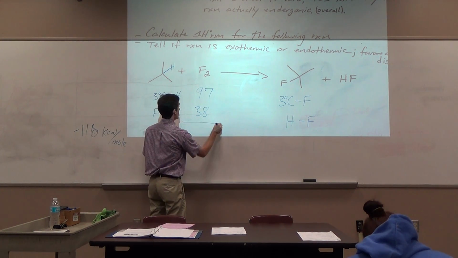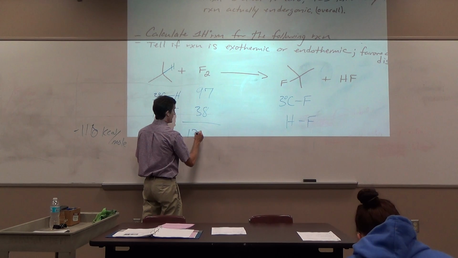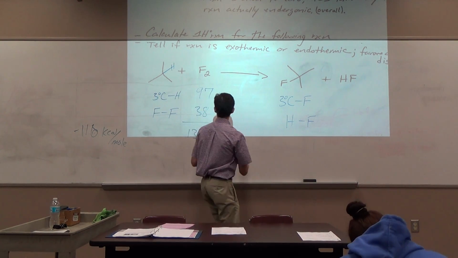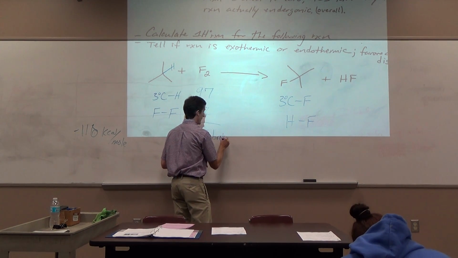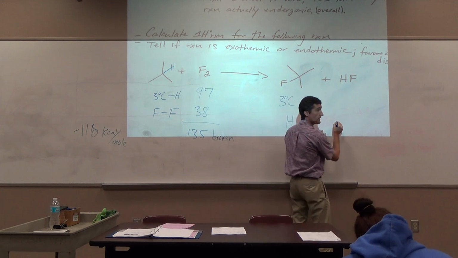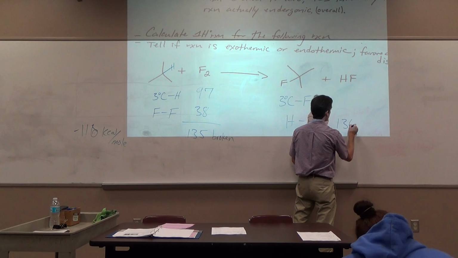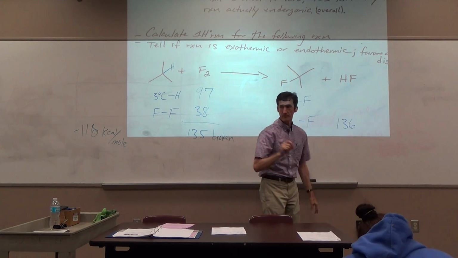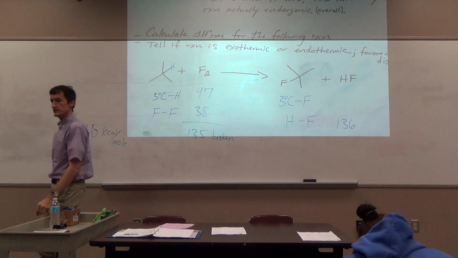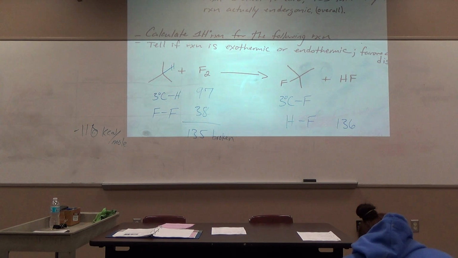Okay, what do these add up to? 135? Okay, this is broken. What's formed? HF? 136. A tertiary CF. It may not be a tertiary CF. If there's only one, let's use that one. 115?